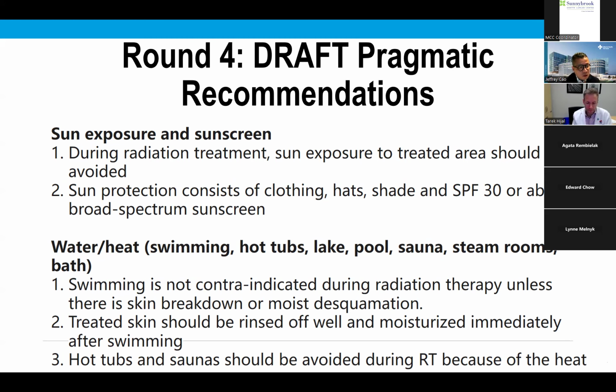And we said that swimming was not contraindicated unless there was any skin breakdown. But the treated skin should be rinsed off well, especially if they're in chlorinated water or natural water. And then hot tubs and saunas should be avoided just because of the heat. Our dermatologist really recommended against anything hot.